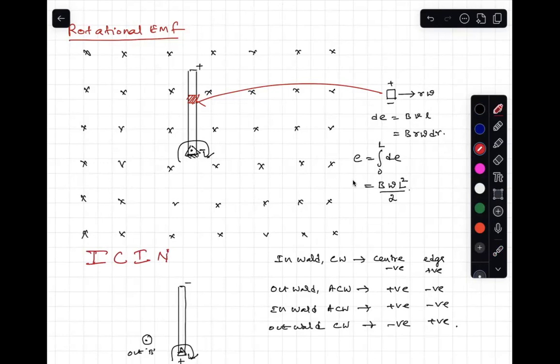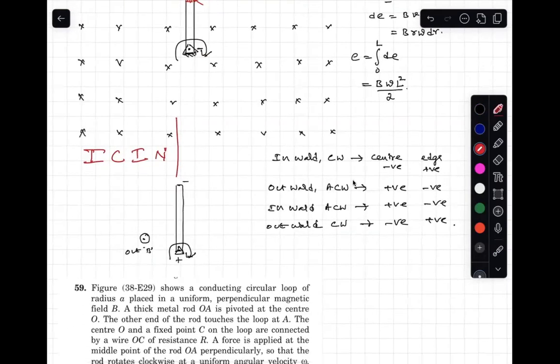ICIN: inward field, clockwise rotation, inner end negative. Remember it like ICICI Bank. ICIN. Inward, clockwise, inner end negative. Suppose you want a different version: inward, anti-clockwise, inner end positive. IIP.